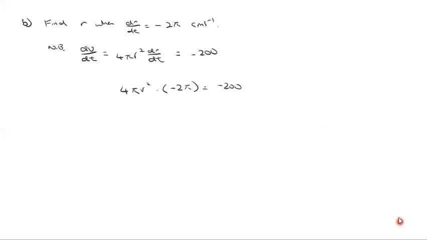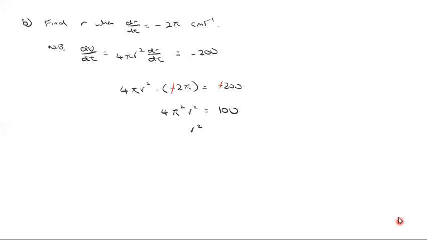You can see that the 2 cancels, the negative cancels, the 2 cancels. So on the left-hand side you'll have 4 pi squared r squared, and you're going to get 100.